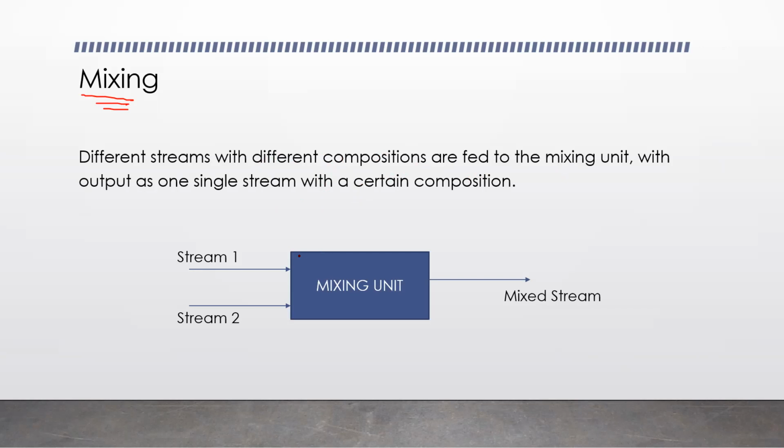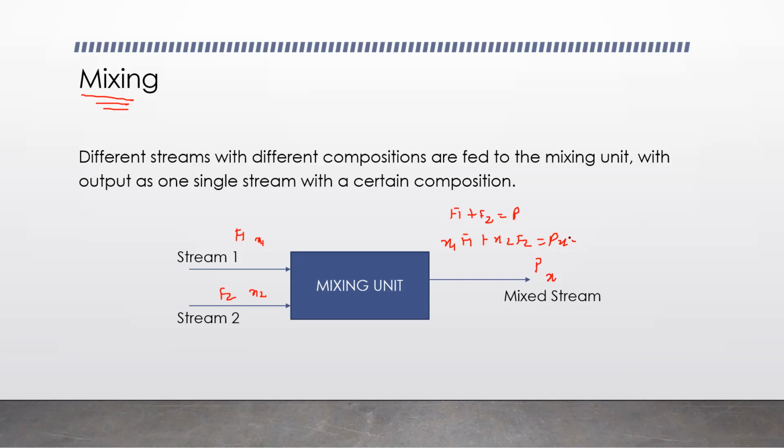So let's say this is my stream 1, F1 with mole fraction X1, and F2 with mole fraction X2, and this is P with mole fraction X. Then I can form my material balance equations. Overall material balance: F1 plus F2 is equal to P, and the component balance is X1 F1 plus X2 F2 is equal to Px. So this I can do for a mixing unit.